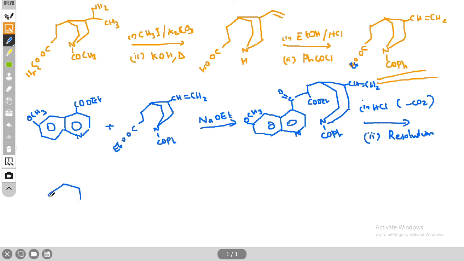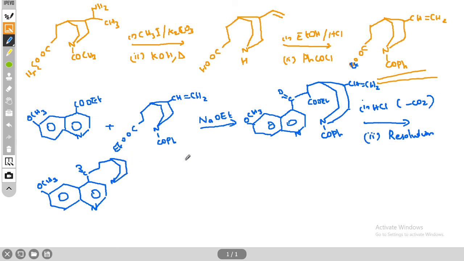So the product will be like this. OCH3, then here C=O, nitrogen.